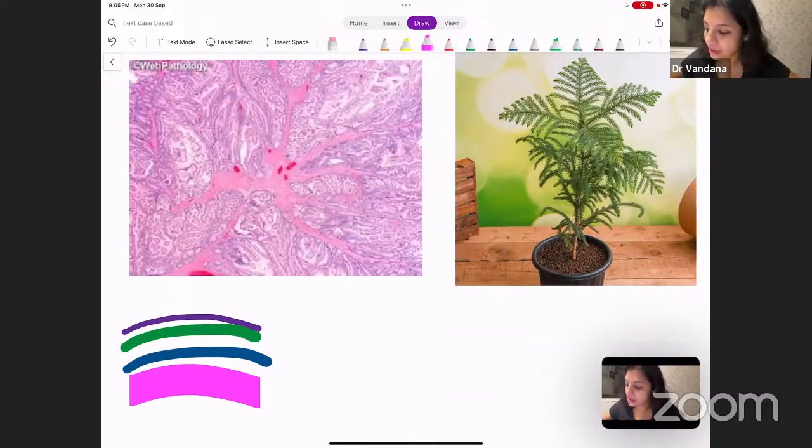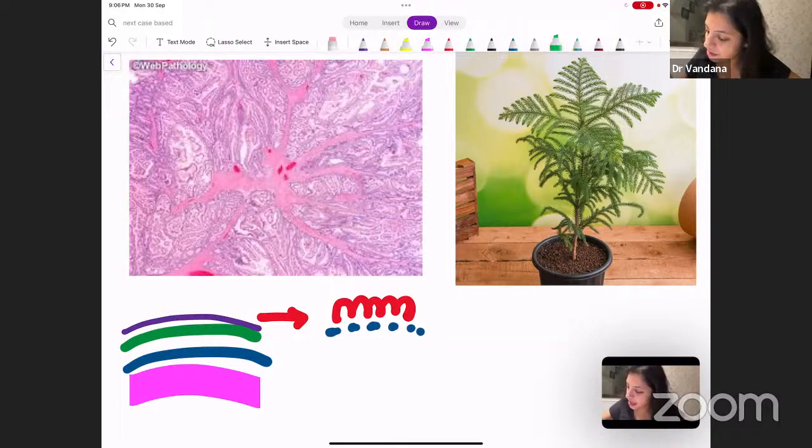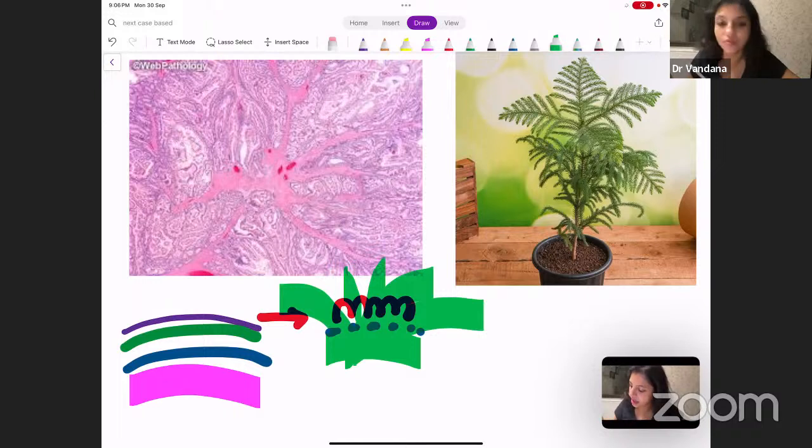Normally the mucosa is made up of three things: epithelium, lamina propria, and muscularis mucosae. But what happens here is that the muscularis and the lamina propria start growing, dividing, and arborizing, like a Christmas tree.